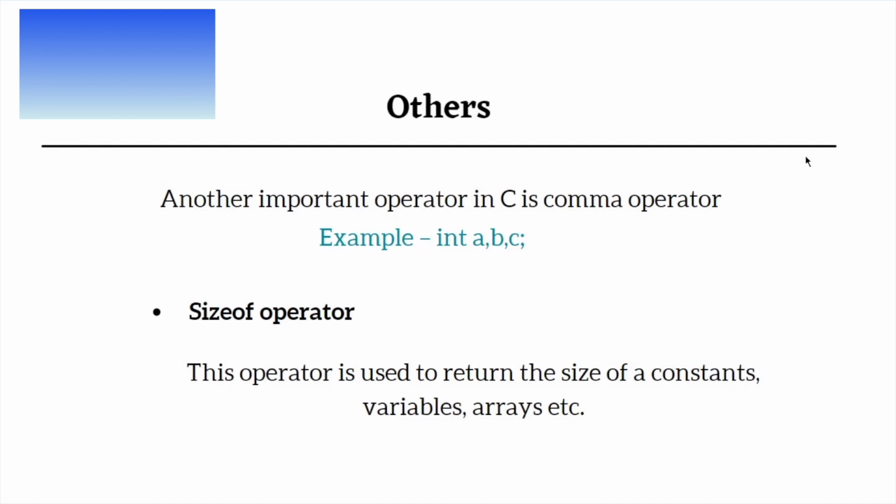Instead of defining them in different lines, we can use the comma operator. We can use int only once: int a, b, c, so that int belongs to a, also belongs to b and also belongs to c. So this is the use of the comma operator.